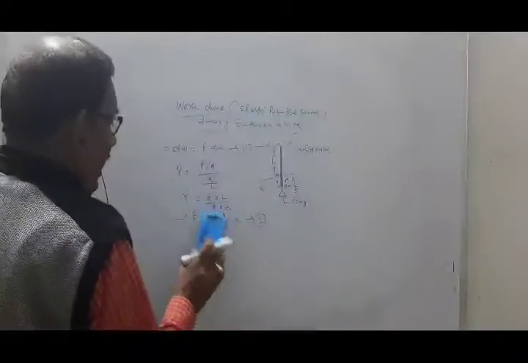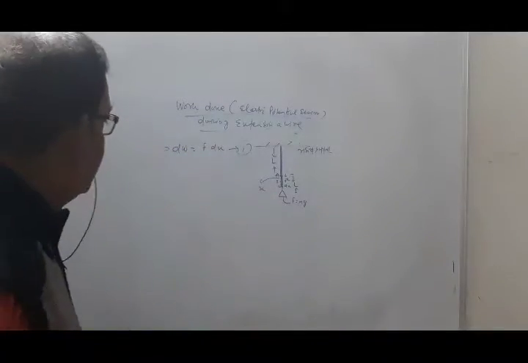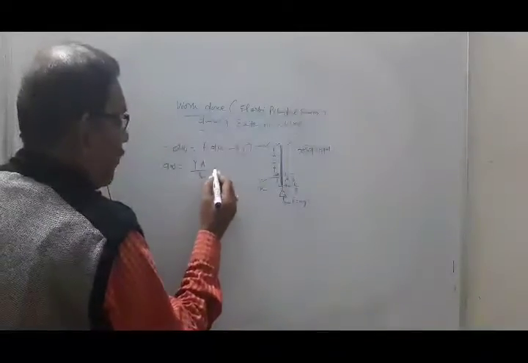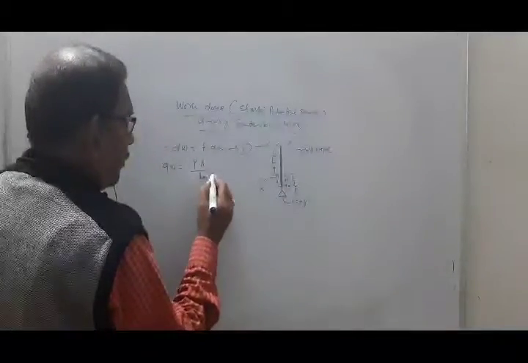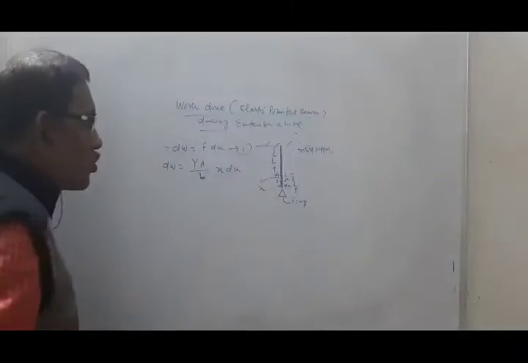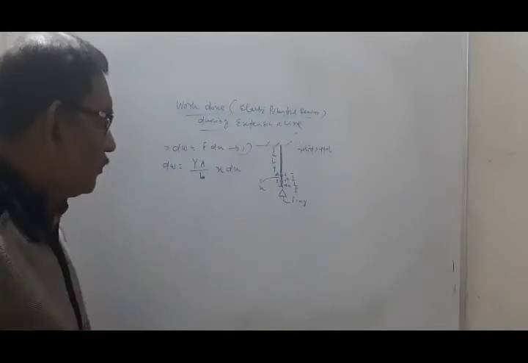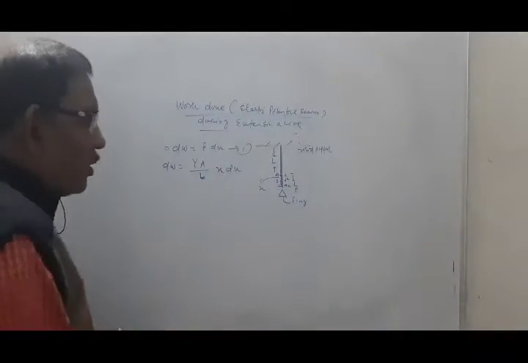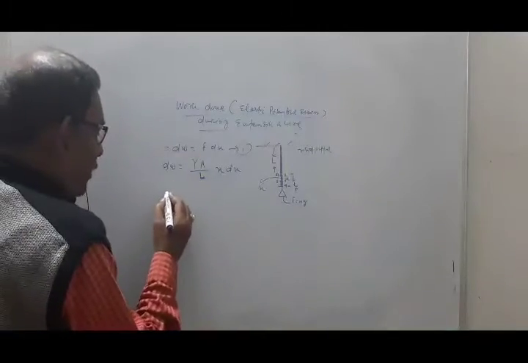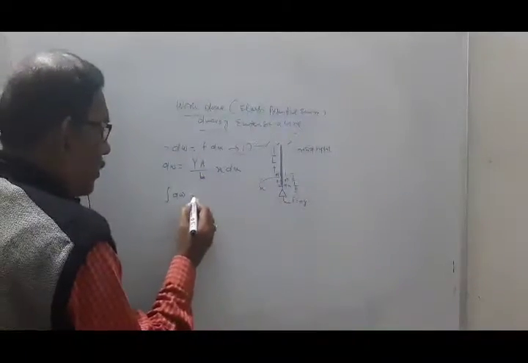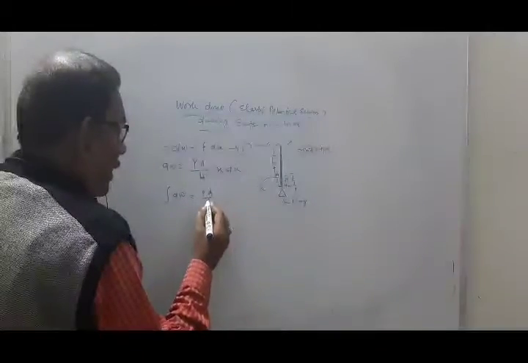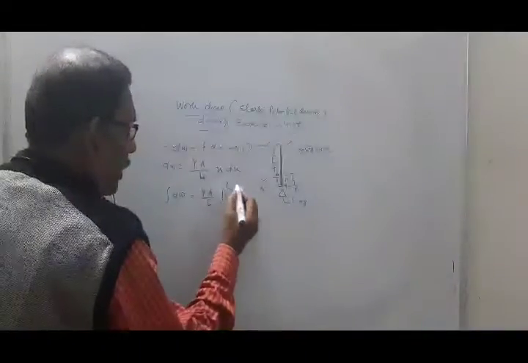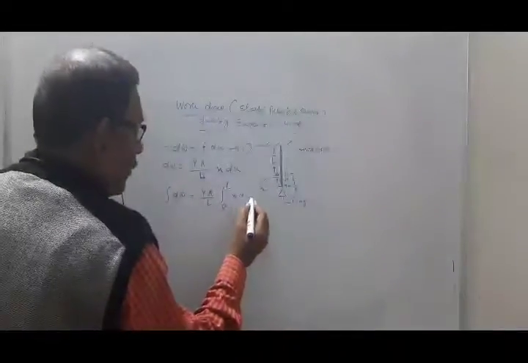So Y A by L into X. So dW equals Y A by L, X dx. Total work done during the extension to a length small l, from 0 to l. So look here, total work done W equals Y A by L, keeping it outside, integral from 0 to l of X dx.